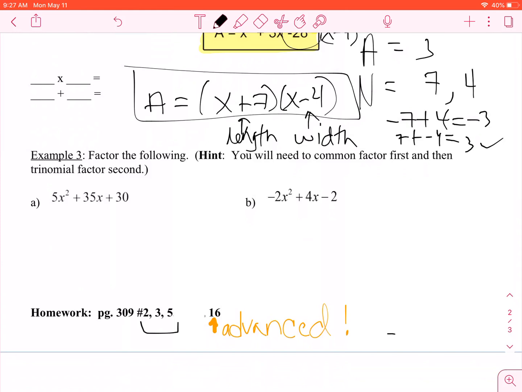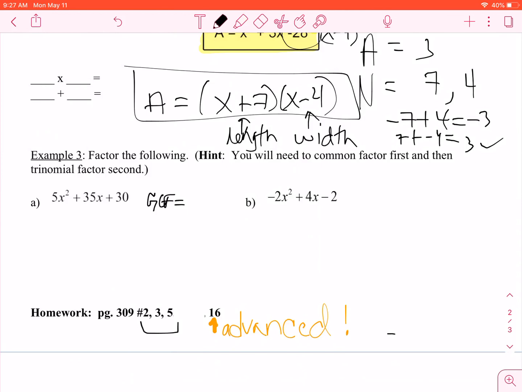Okay, so factor the following. Hint, you'll need to find a common factor first and then factor the trinomial second. So in terms of a GCF, we did this earlier on in our common factoring section. We want to figure out, is there a GCF of these three terms? So we have 5x squared plus 35x plus 30. Now our smallest number is 5, and factors of 5 are 1 times 5.